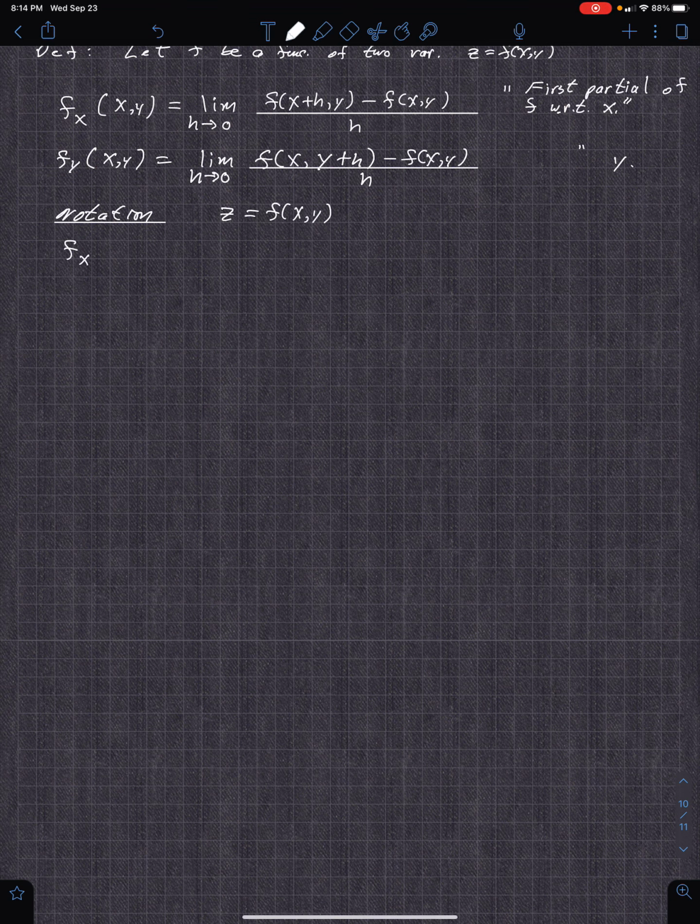Partial fx of xy is equal to, and then we use this symbol. Looks like a D, but it means partial. So you say partial, and you would say of xy. It's kind of the longer version. And then you say with respect to x.